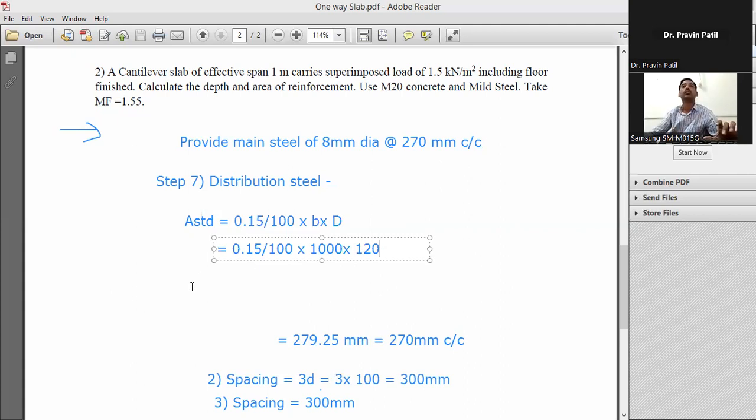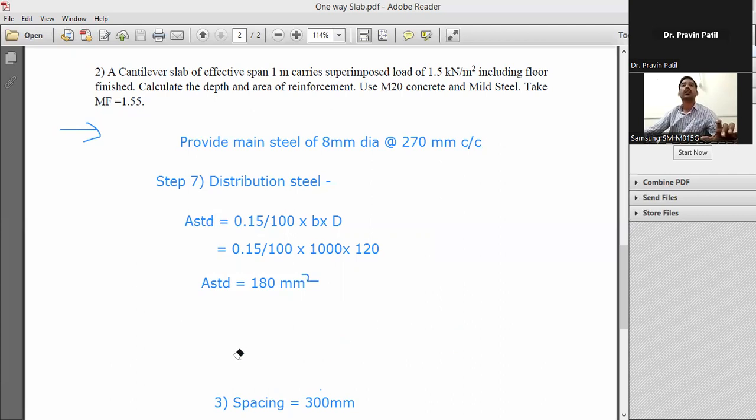So ASTD is equal to 180 mm square. Okay. Now spacing for that.